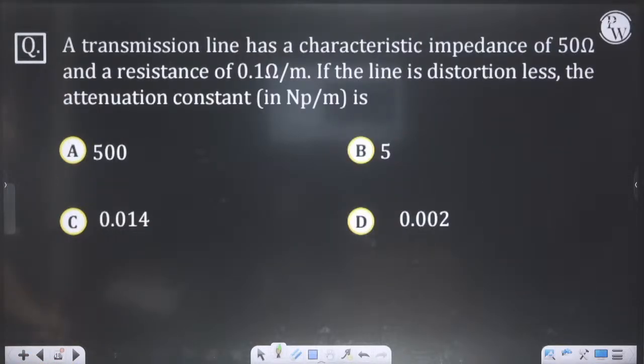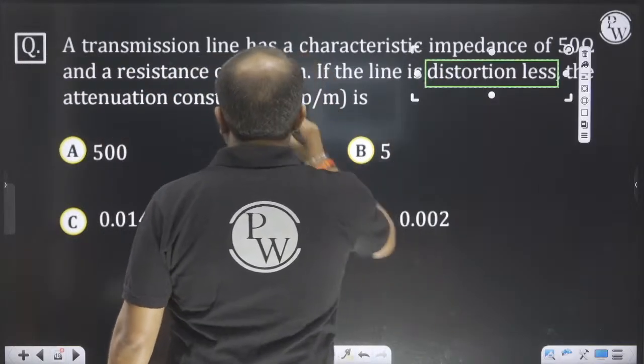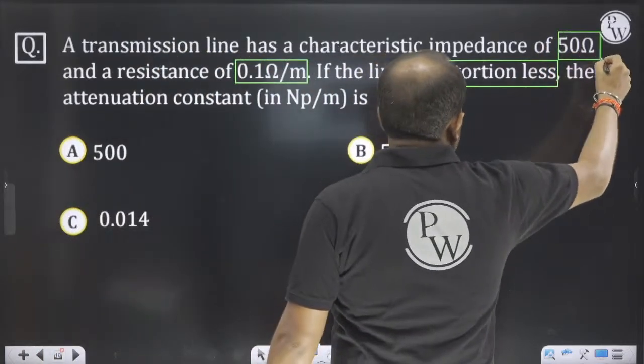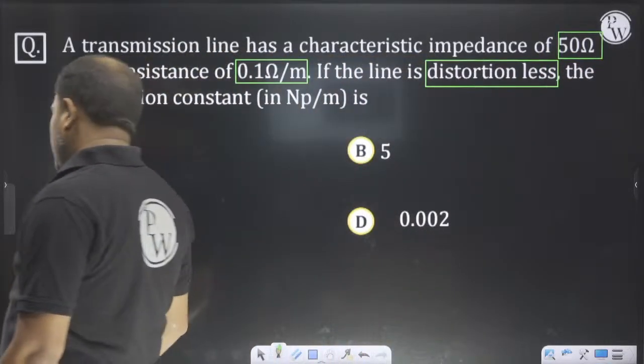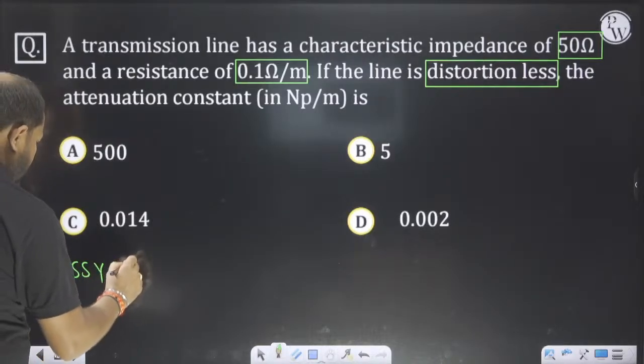Then transmission line has characteristic impedance for distortionless transmission line. Alpha is given and Z0 is given. So it is lossy and distortionless. Why is it lossy? Because alpha is non-zero.